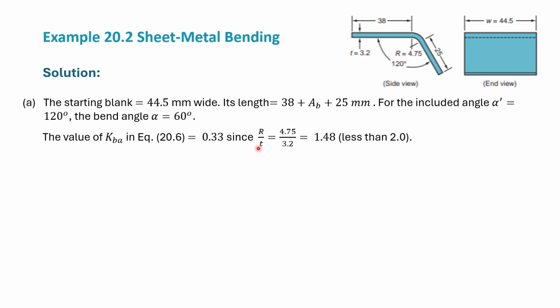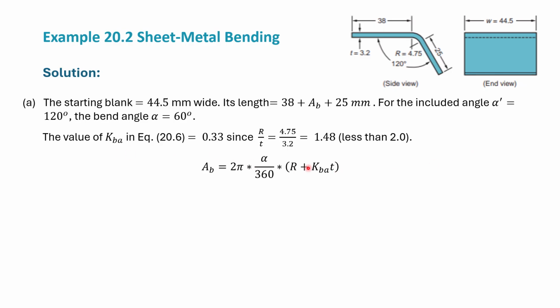Now the value of the KBA for the V type is equal to 0.33, since we have R over T equal to 4.75 divided by 3.2, radius divided by thickness, and this is equal to 1.48, which is less than 2. So the calculation for the AB is going to be equal to 2 pi multiplied by alpha divided by 360, multiplied by R plus KBA multiplied by the thickness.